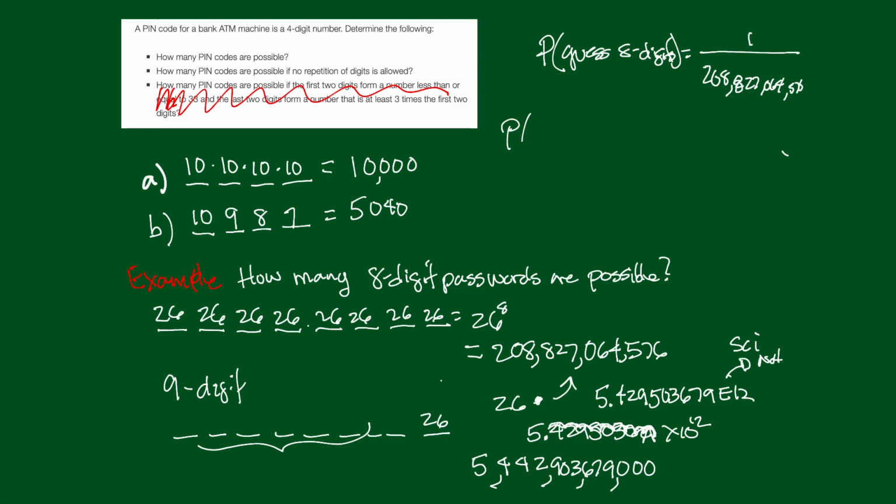Then the probability of guessing a 9-digit password, that's going to be 1, because there's one password, over 5.429503679 times 10 to the 12th. Okay, so this top one is about 1 out of 2 billion. Add one more letter, and it's 1 out of about 5.5 trillion.